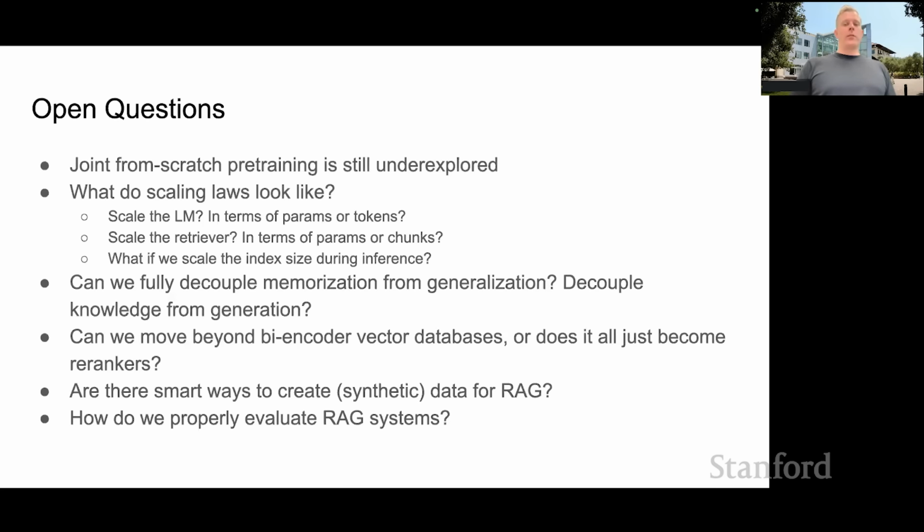So vector databases, I like people who build vector databases, but I'm not sure how long we're going to keep vector databases, because I think re-rankers probably work just as well, and BM25 is much more efficient than a vector database. So I don't really see why we need dedicated vector databases.